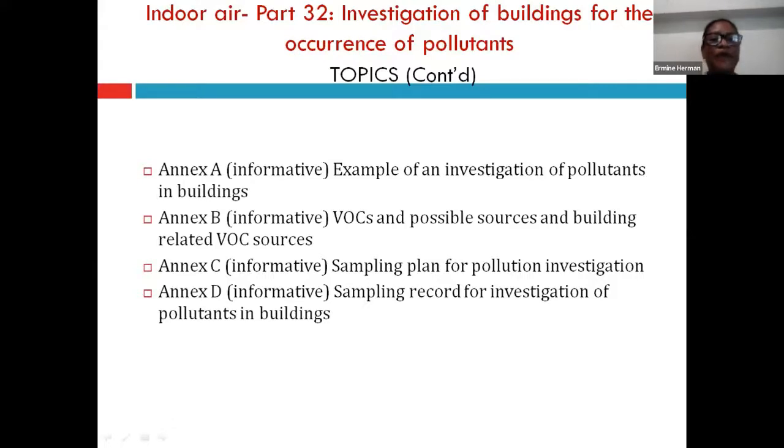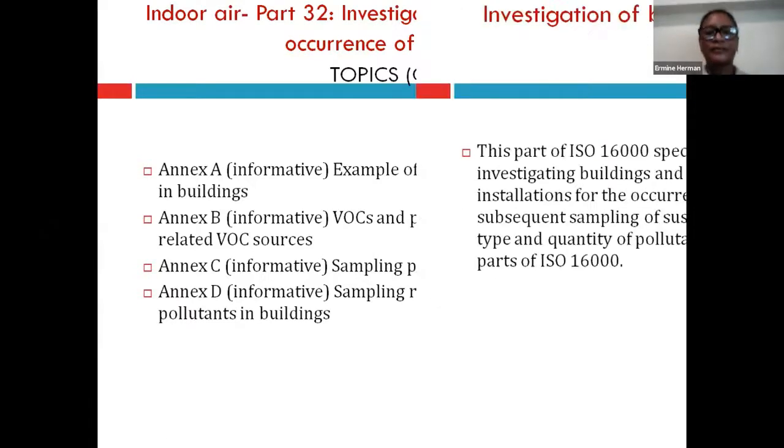Sampling plan for the pollution investigation, which is very important. It gives you an idea of how you're going, because you cannot ad hoc visit and test a building without prior planning. Sampling record for investigation of pollutants in buildings is another informative annex within this standard.